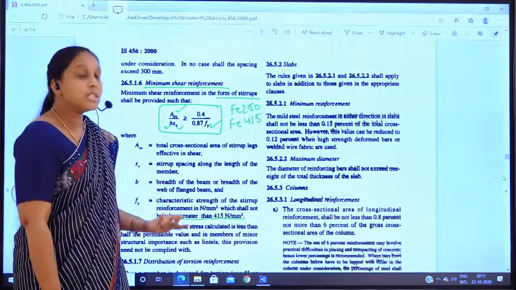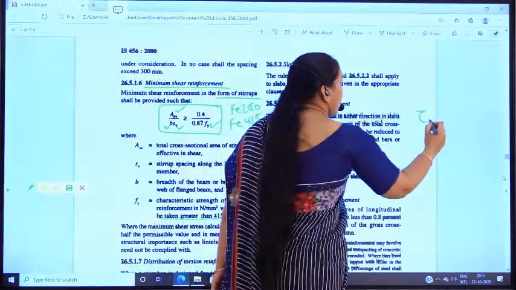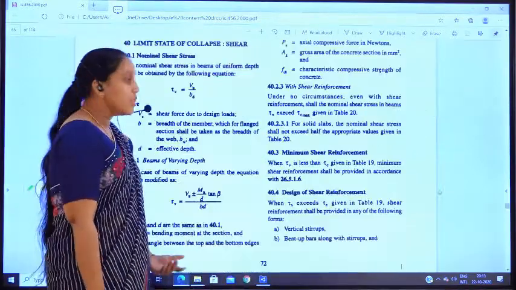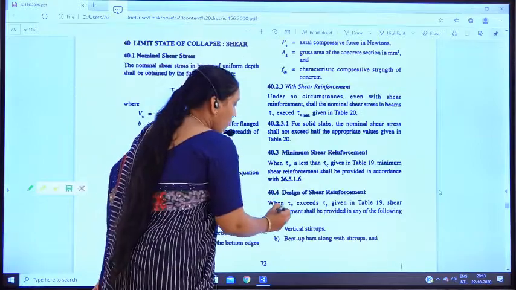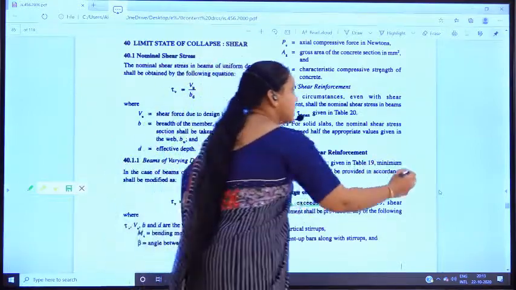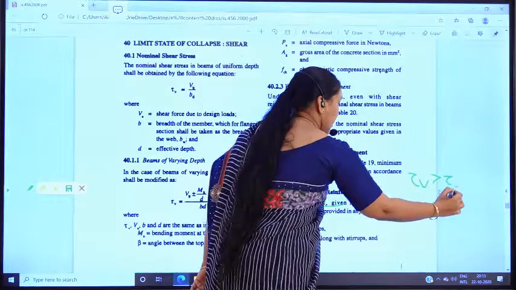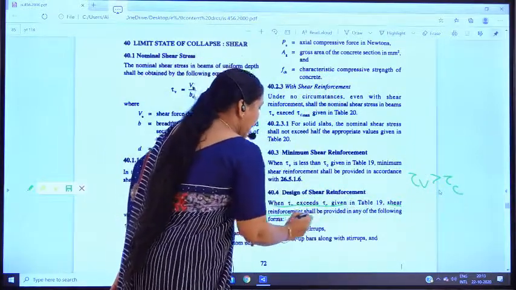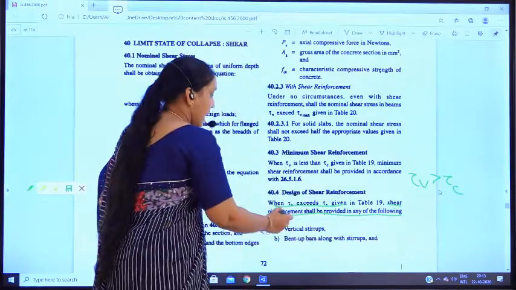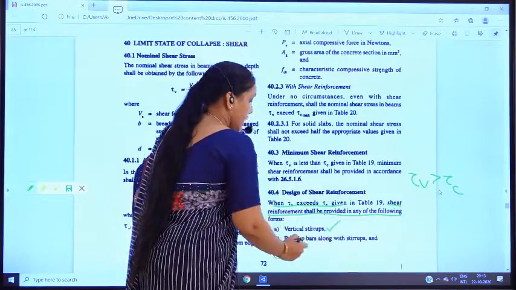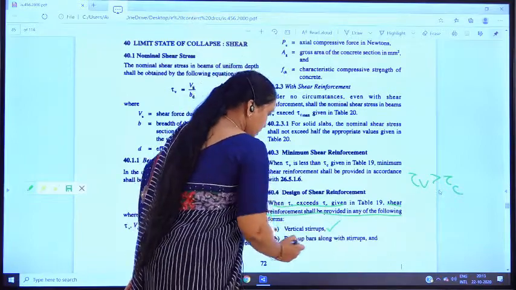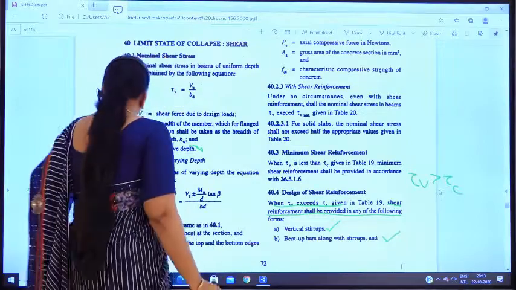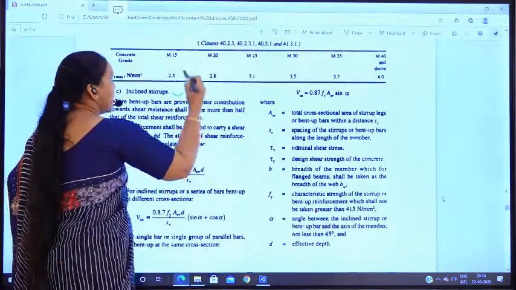But what is the case if tau V is greater than tau C? Let us see that now. If tau V exceeds tau C, then shear reinforcement has to be provided either in the form of vertical stirrups, or bent up bars along with vertical stirrups, or inclined stirrups.